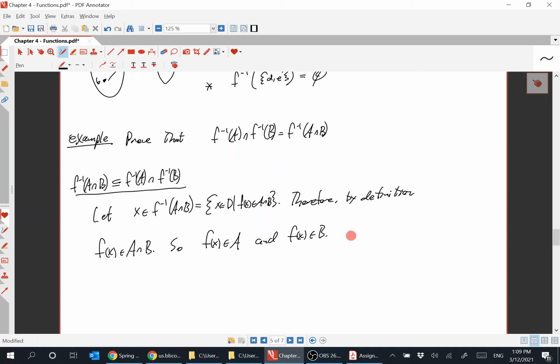If f of x is in A, so by definition of preimage, we now get that what? x is an element of what? If f of x is an element of A, then x is an element of what, having to do with A?